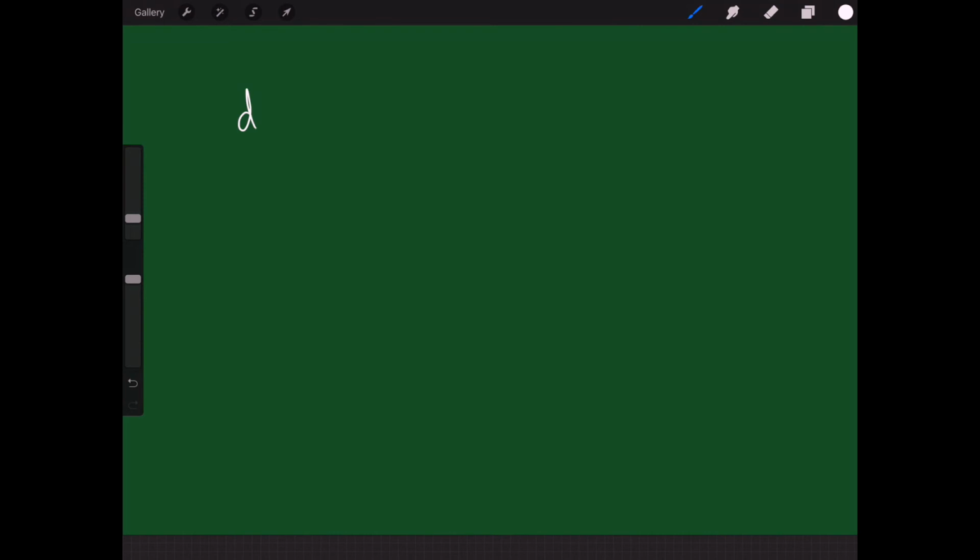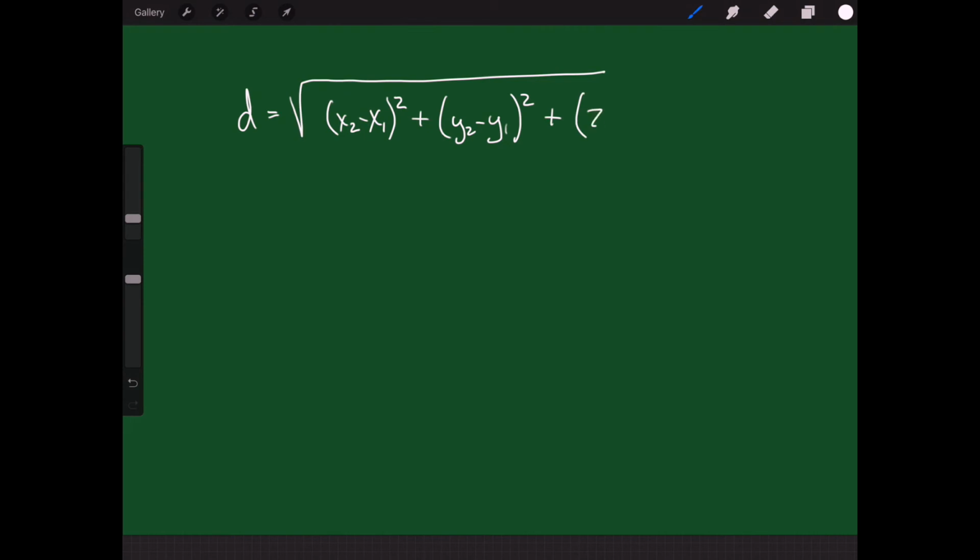The distance between points in space is equal to the square root of (x2 minus x1) squared plus (y2 minus y1) squared plus (z2 minus z1) squared.